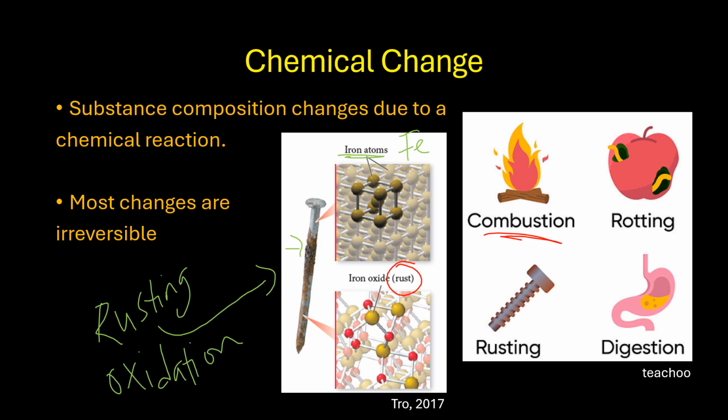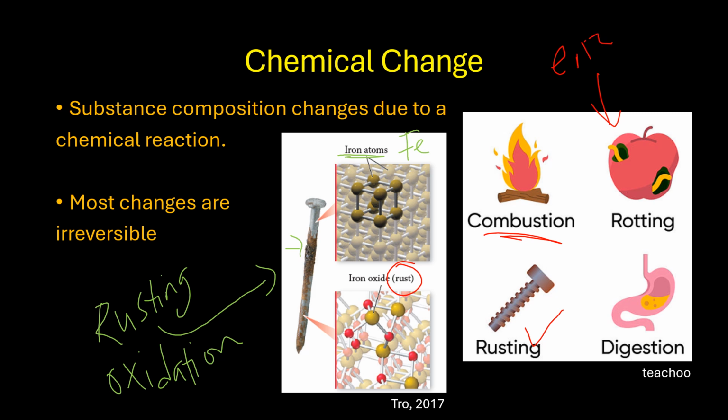And of course, we talked about rusting, which is a corrosion. Combustion is talking about flammability. Rotting is a biological process that is irreversible. So there is a decomposition happening in the rotting process. The complex sugars you had in this apple break down due to enzyme action.